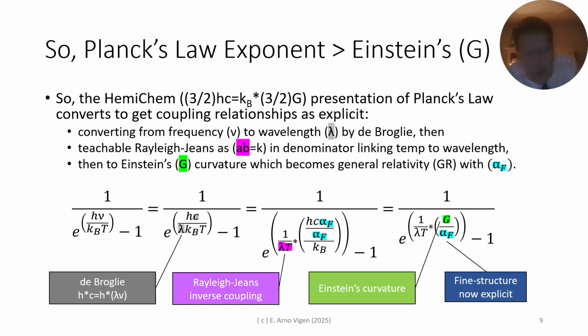But now I also have to sort of get that alpha in the top, so there's an extra alpha arrived. But that HC alpha over KB is Einstein's curvature. So now in this final version, I have a direct map to Einstein's relativity, which means we can eliminate that part of relativity. There's many parts, okay? And we have the fine structure.